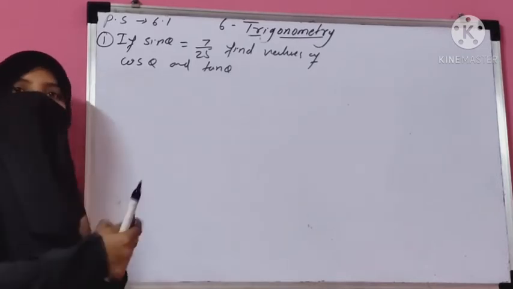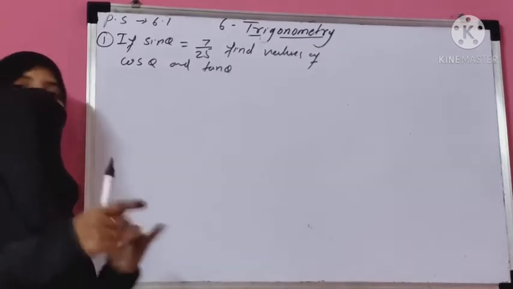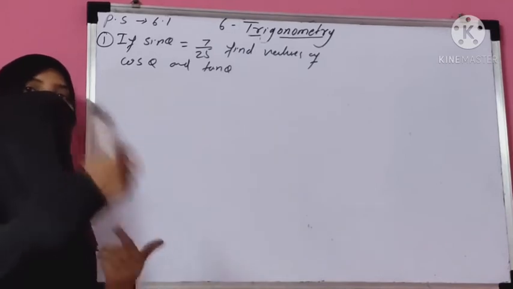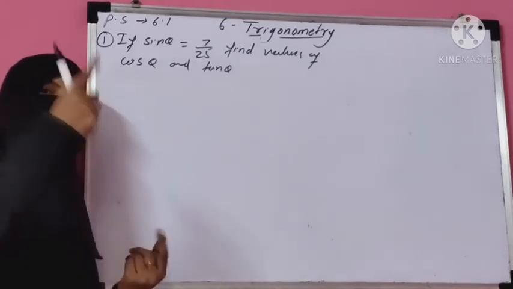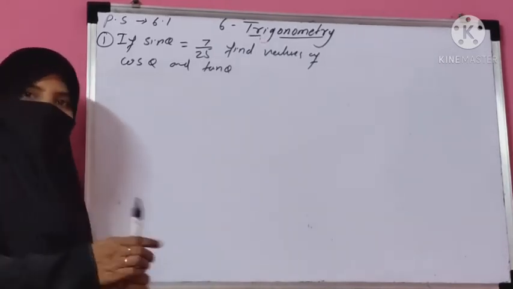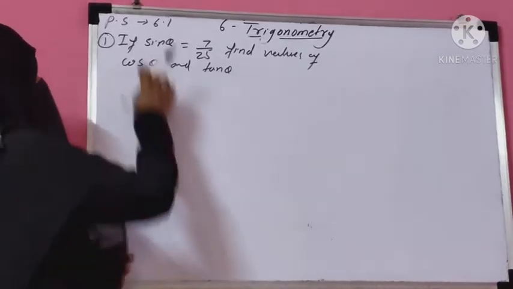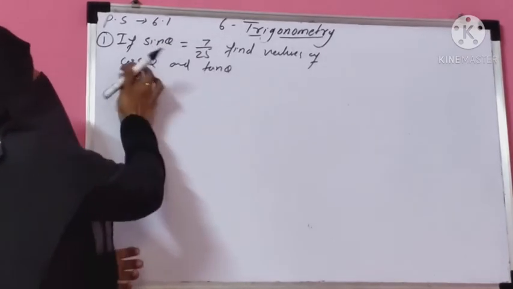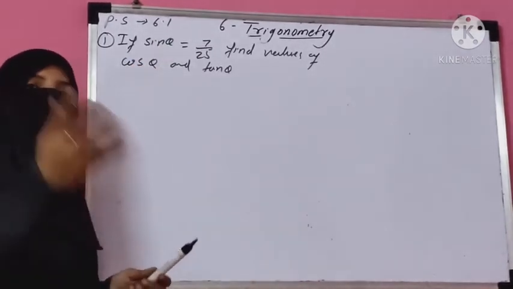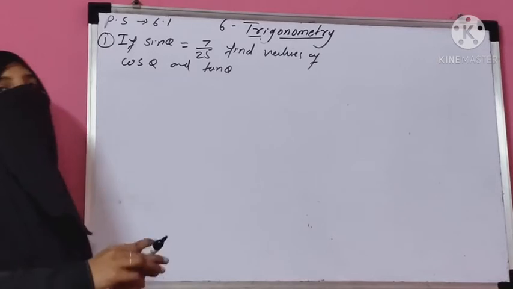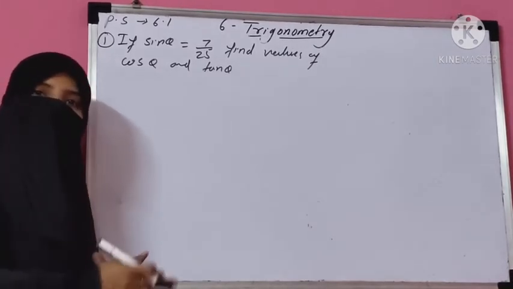I am showing you by identities, but you can solve by using the Pythagoras theorem, the method that we used in 9th standard. That method you can use here also. But I am using the method of identities here. Sin theta is given and you have to find cos theta. Identity: sin square theta plus cos square theta is equal to 1.